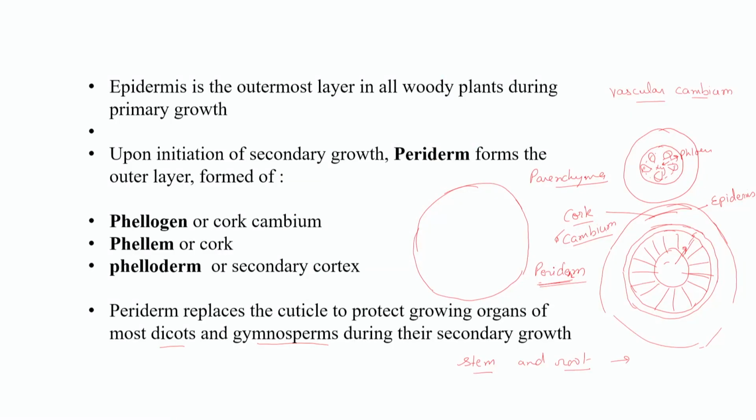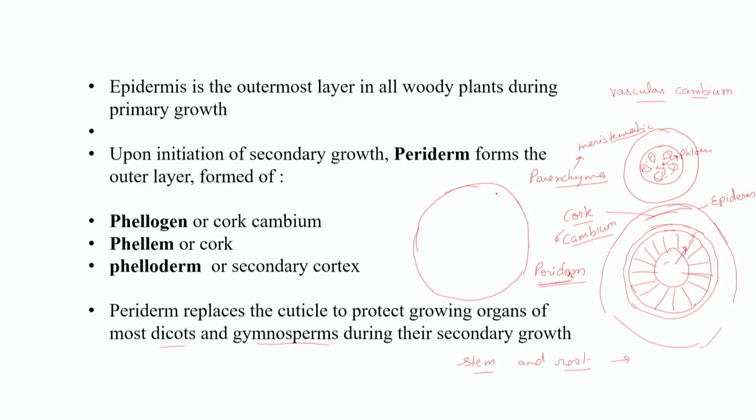This is very important: it's not only the vascular cambium or the apical tissues that have meristematic activity, it's also the parenchymatous tissue. Wherever it is required, these parenchymatous tissues will undergo dedifferentiation and perform meristematic activity.